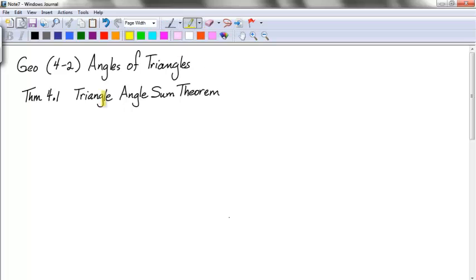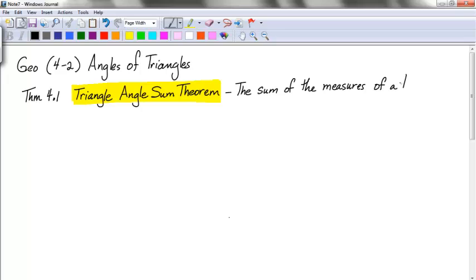We really have already used this as we've gone through the year, and it just says the sum of the measures of a triangle is 180 degrees. And we've used that several times going through.